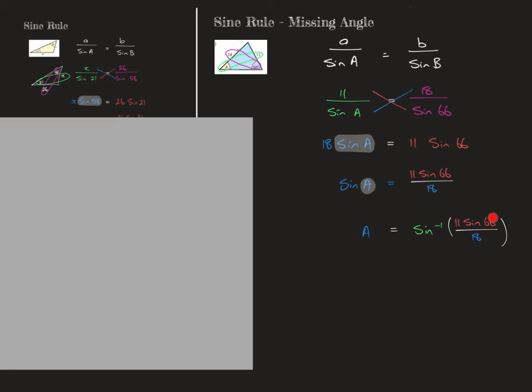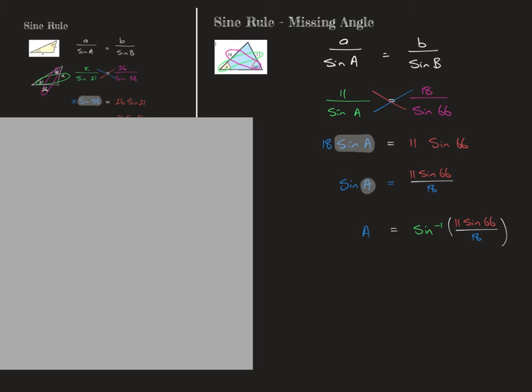I have my numerator filled in, so now I fill in the denominator. We press down, press 18, go back out of that and close our brackets. If we press equals, the answer is 33.93.